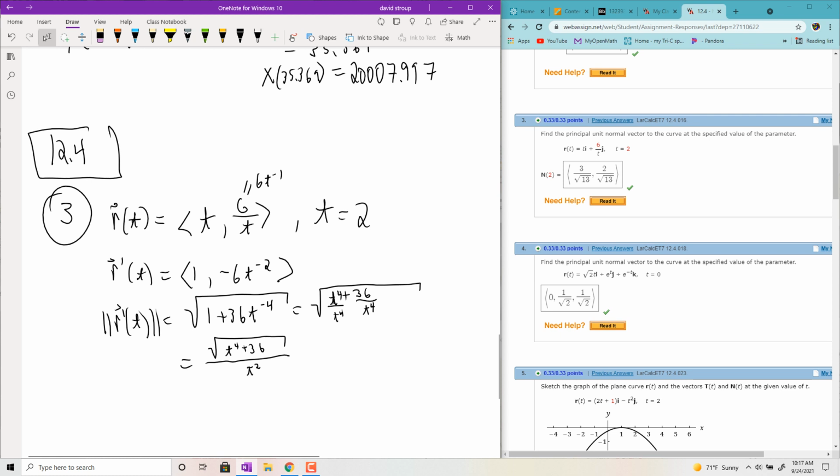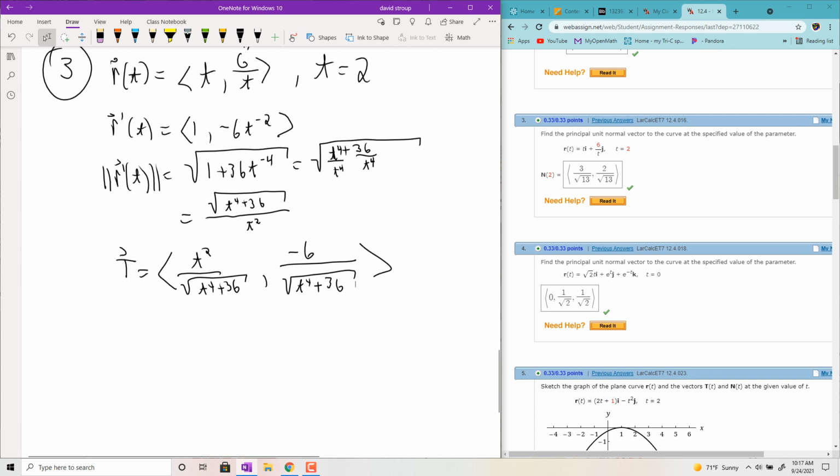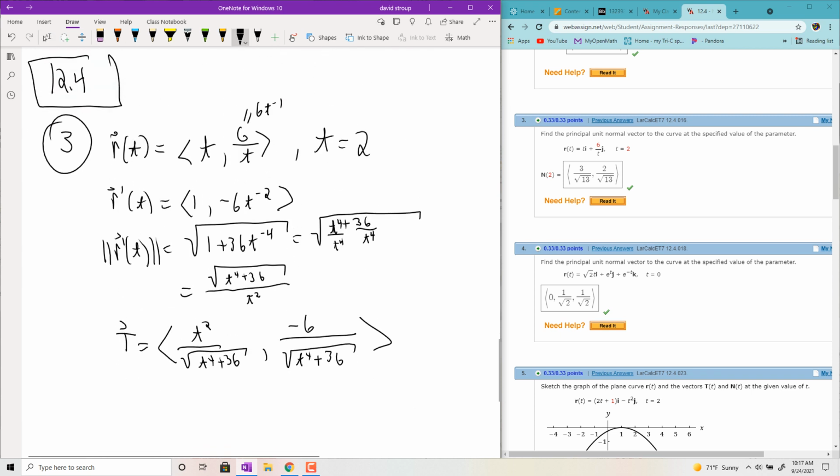Then I multiply r prime by the reciprocal of the magnitude of r prime, and that will give me the unit tangent vector. So that will be t squared all over the square root of t to the fourth plus 36, comma, negative 6. In that case, the t squares will cancel out, all over the square root of t to the fourth plus 36. I'm going to go ahead and kind of cheat a little bit to find my principal unit normal vector. So first off, I'm going to get T of 2.